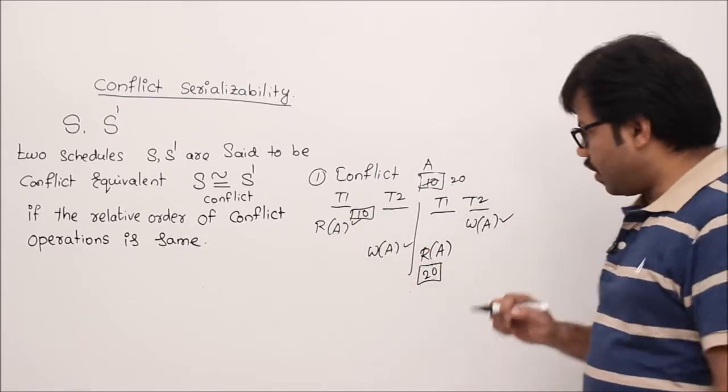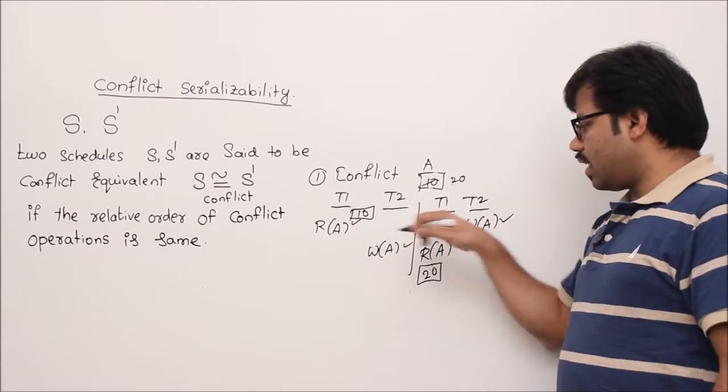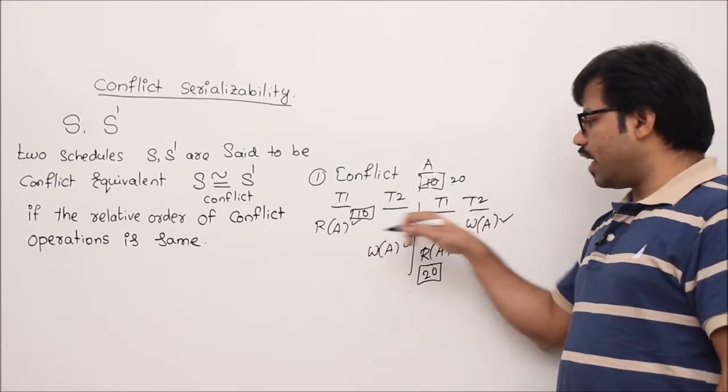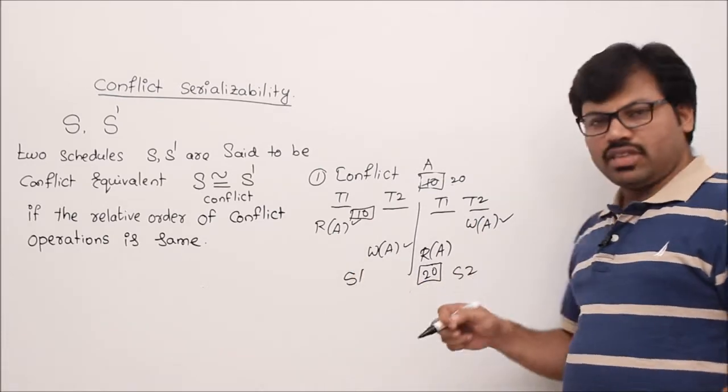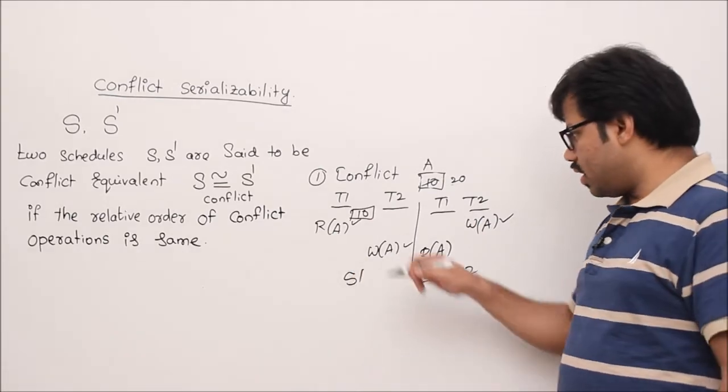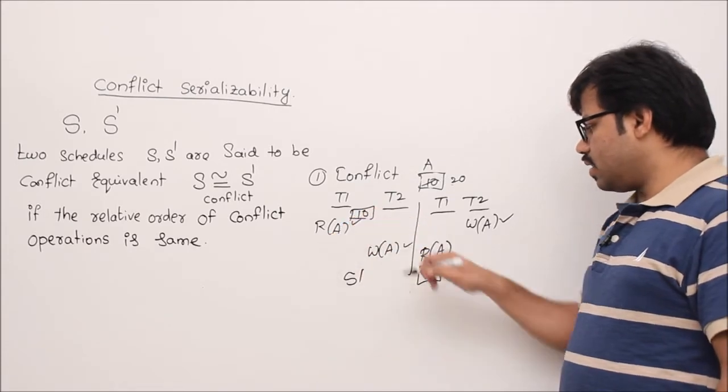Now my question is, these two schedules, schedule 1 and schedule 2, do they have the same result? No, obviously not, because here this is reading 10, this is reading 20.